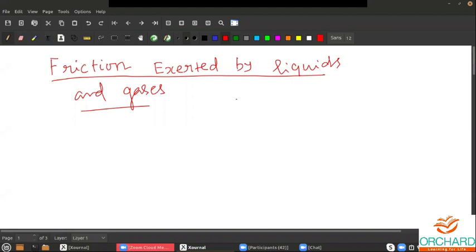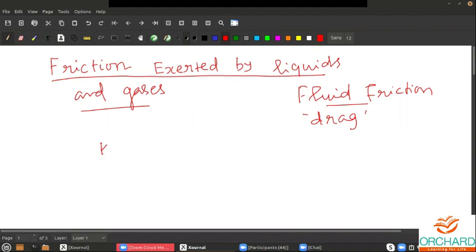And this is also called fluid friction, also called drag of the fluid. So friction exerted by liquids and gases is called the fluid friction as well as the drag of the fluid. So where can you see these frictions?